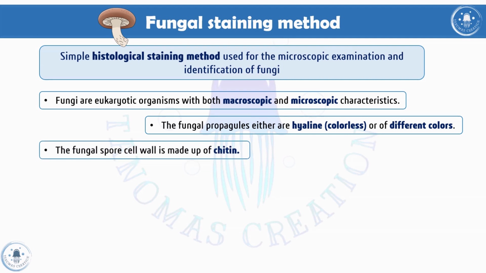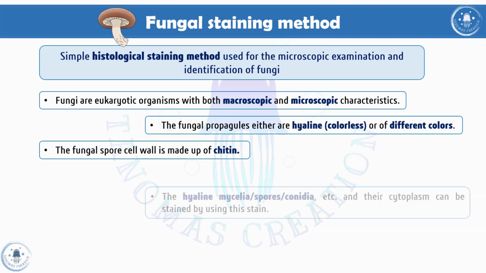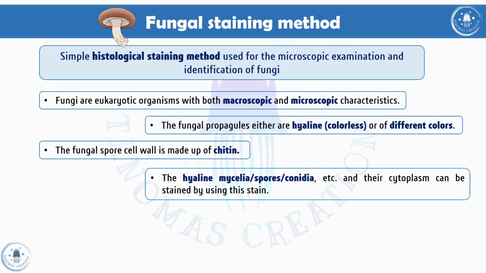These fungal spores are made up of chitin. The hyaline mycelia, spores and conidia have cytoplasm that can be stained using the fungal staining method. The stain that we use for fungal staining is lactophenol cotton blue.